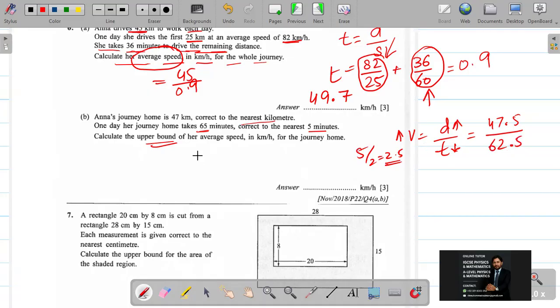And I will have to get my answer per hour, so I will divide by 60, which should be multiplied here. So 47.5 multiplied by 60 divided by 62.5. The value is 45.6 kilometers per hour.